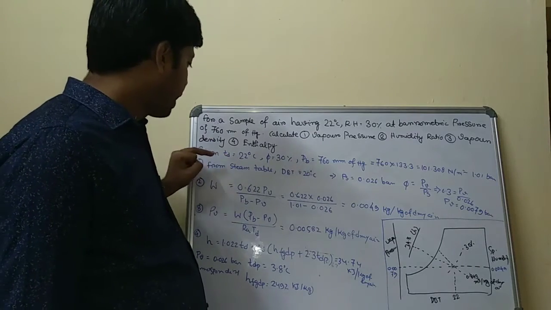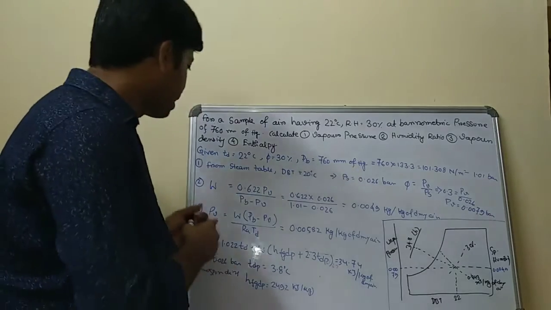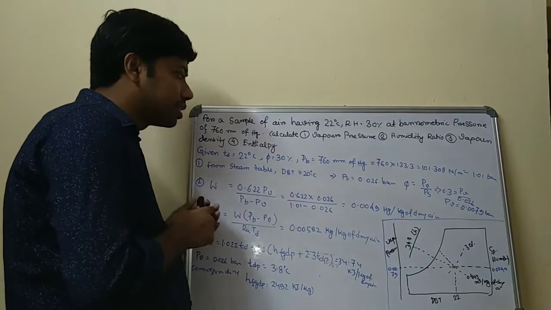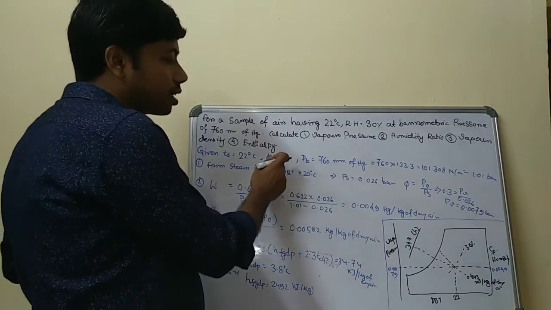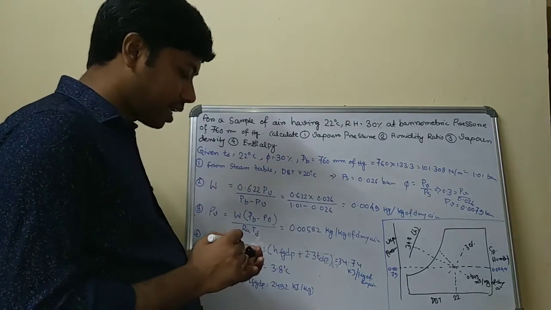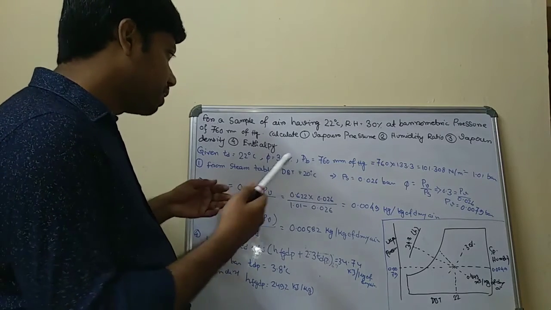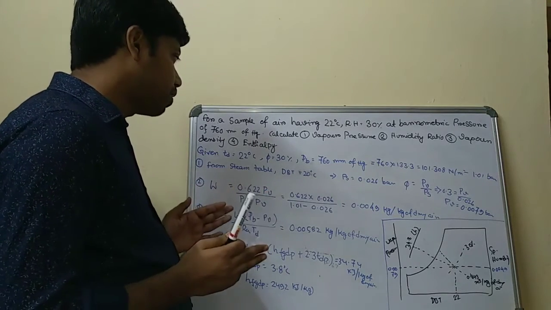In this problem, the dry bulb temperature is given as 22 degrees Celsius, that is TD, and relative humidity is 30%, and barometric pressure is 760 mm of Hg. So these three values are given in the numerical.